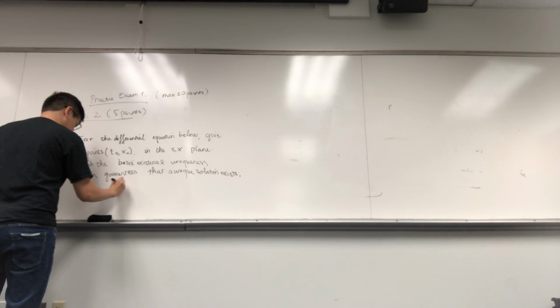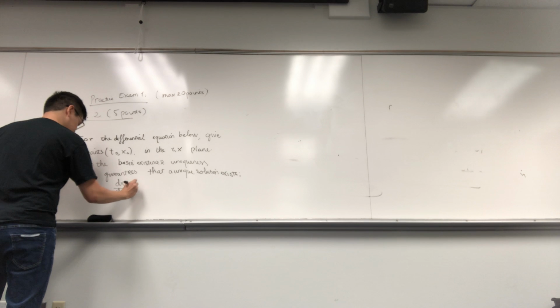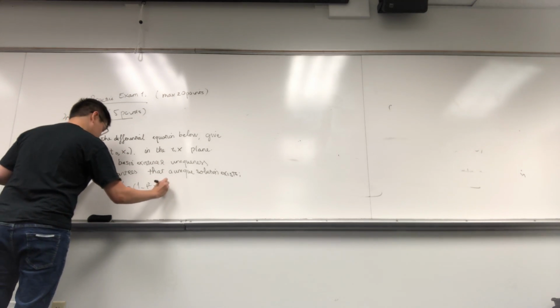You have dx over dt is 1 minus t squared minus x squared to the power 1 over 3.